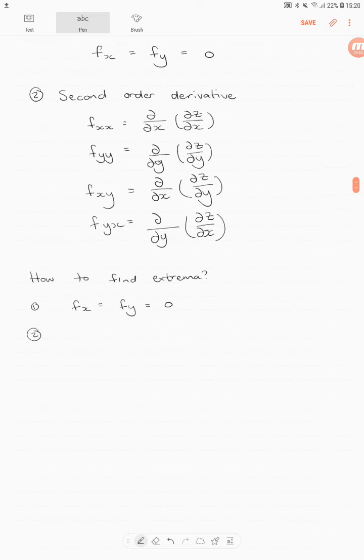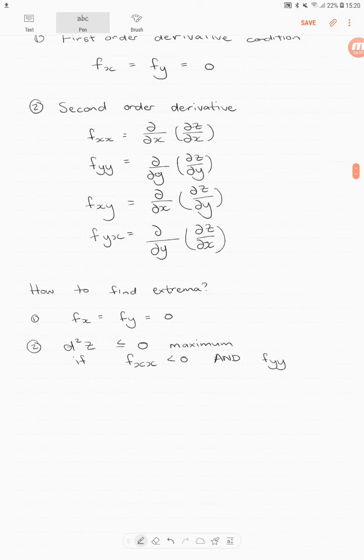The second order condition is the second order derivative smaller equal to 0 is a maximum if the second order condition with regards to x is smaller than 0 and the second order condition with regards to y is smaller than 0 and the product of fxx fyy must be larger than fxy squared.